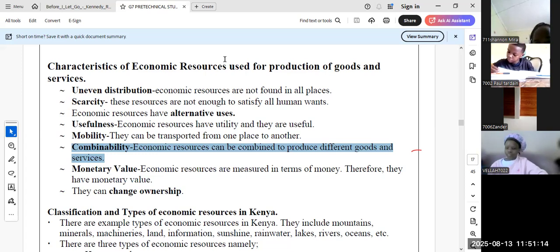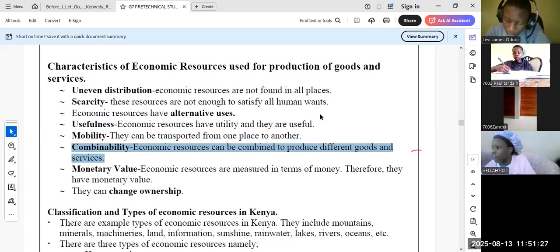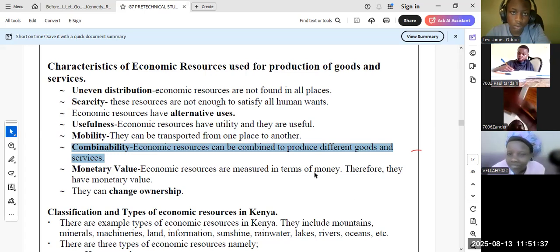Combinability. Get the spellings correct so that you don't confuse and write your own things. The next characteristic, Vela. Pay attention and concentrate. We already done with combinability. So what is next?